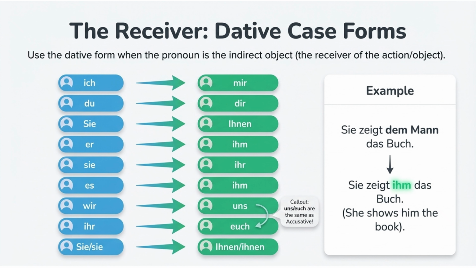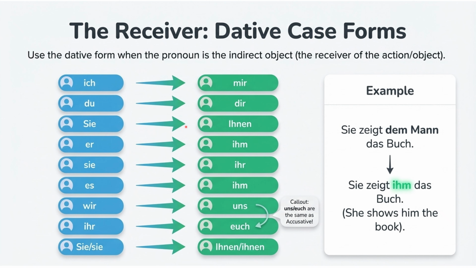Now, let's learn the dative case forms. These are the receiver, or green costume, pronouns. We use the dative case when the pronoun is the indirect object, that is, the person or thing receiving something. Here is the complete list. Ich becomes mir. Du becomes dir.